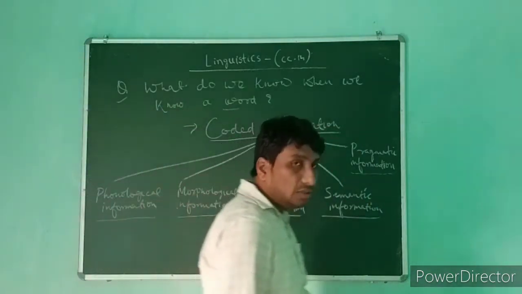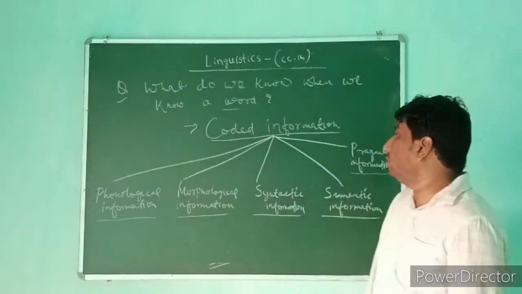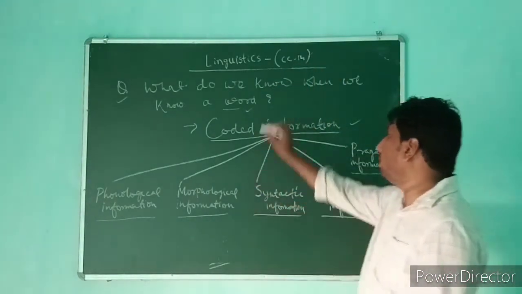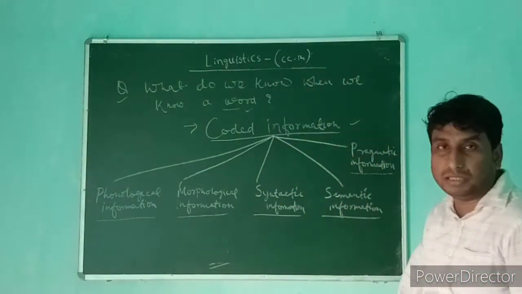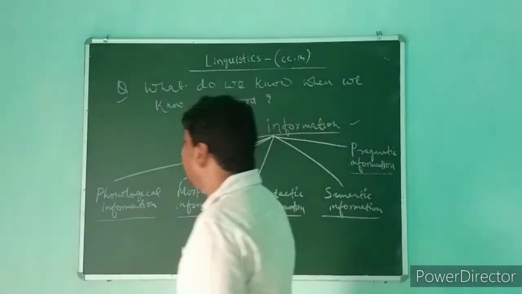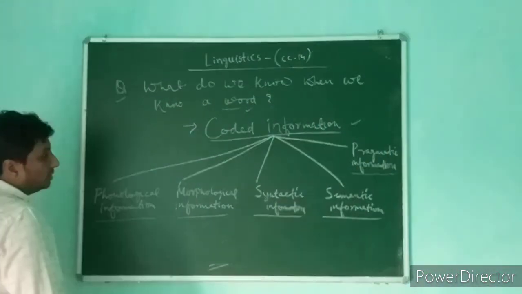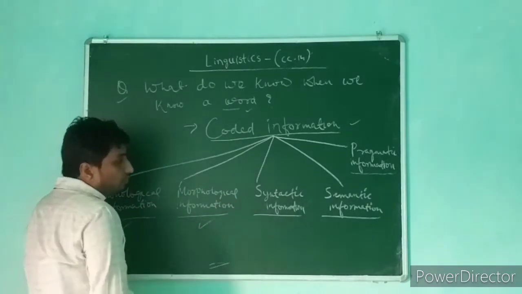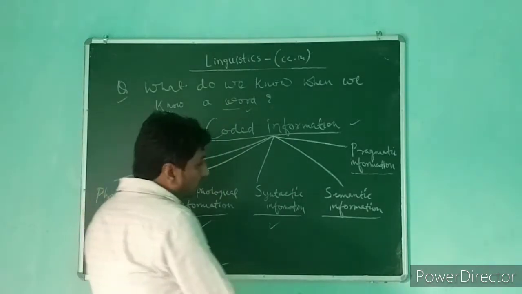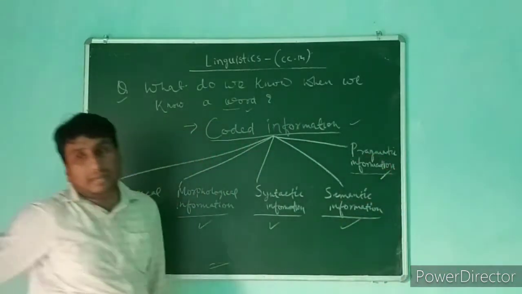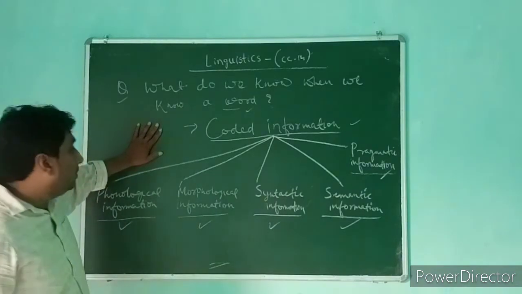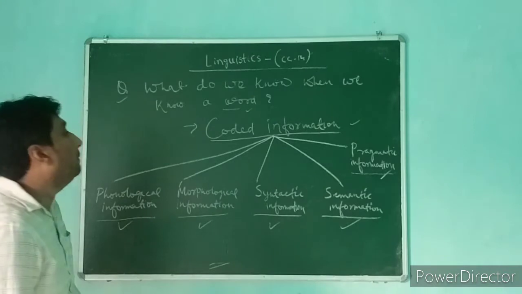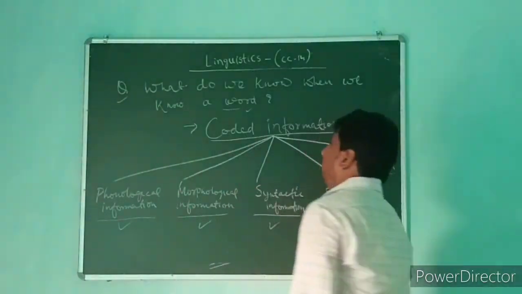I'll tell you about all these one by one, but first understand that a word is primarily coded information, and it may have phonological, morphological, syntactic, semantic or pragmatic information.